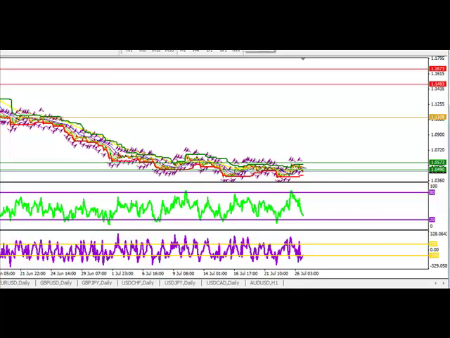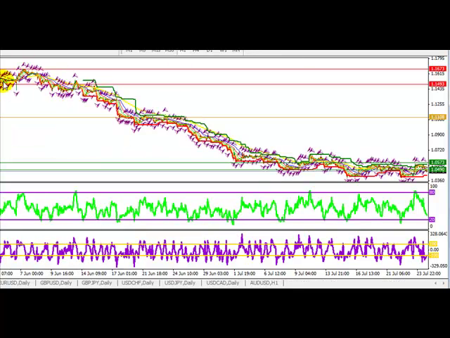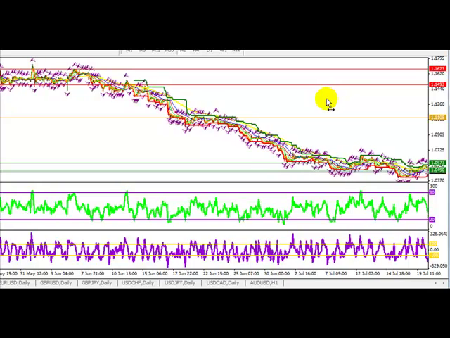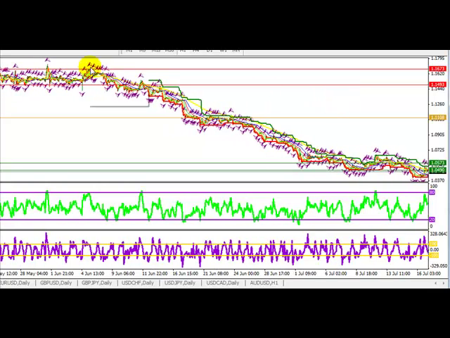You can see all this area is what I'm looking at. And if I move over some more, you can see that it's a lot of resistance at that area.